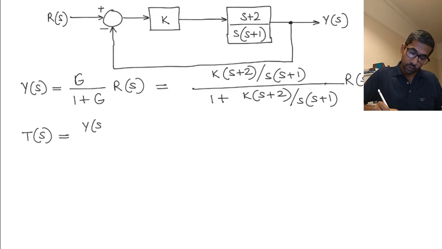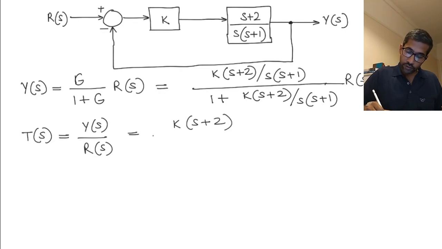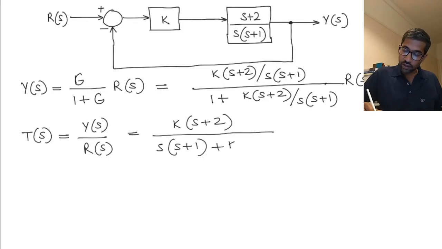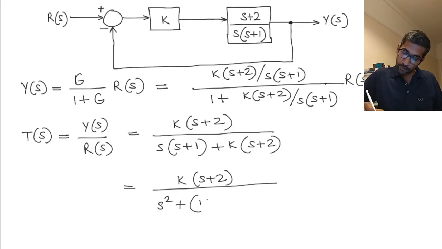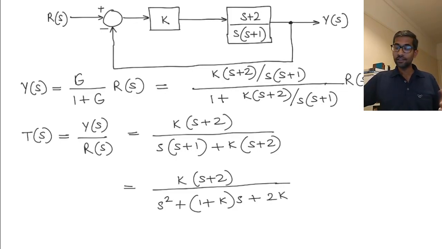T(s) is Y(s) over R(s), and that we can write as K(s plus 2) divided by s times (s plus 1) plus K(s plus 2). And we can simplify this and it becomes (s plus 2) divided by s squared plus (1 plus K)s plus 2K.